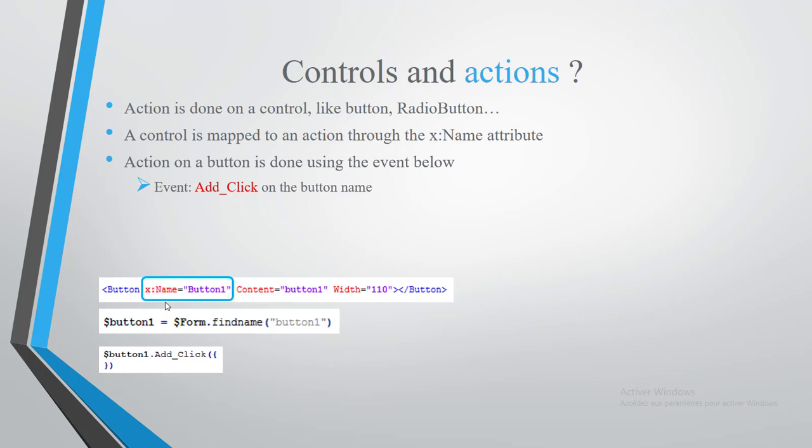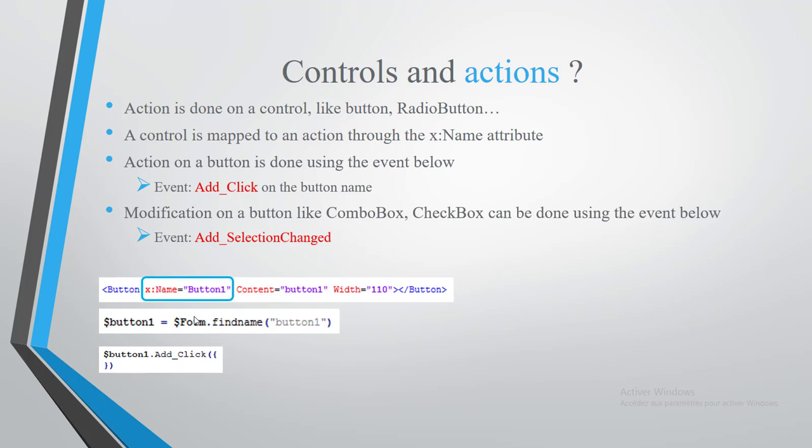So to add an action to your control, after declaring your control, you have to use this kind of code with the event add_Click, and then in the add_Click part, you just have to put your action.